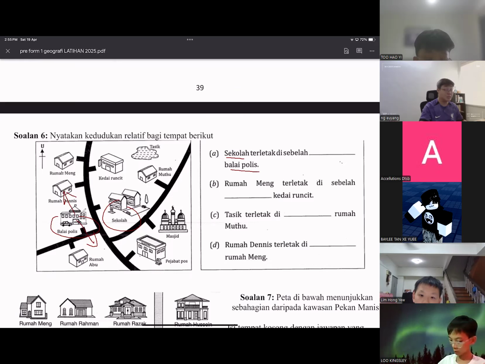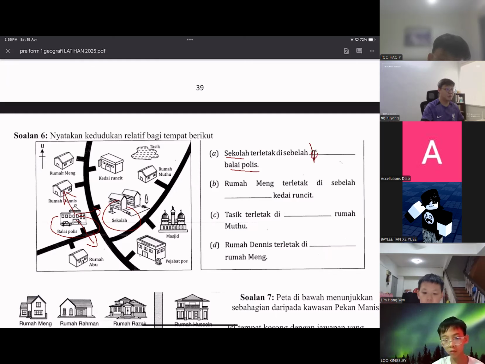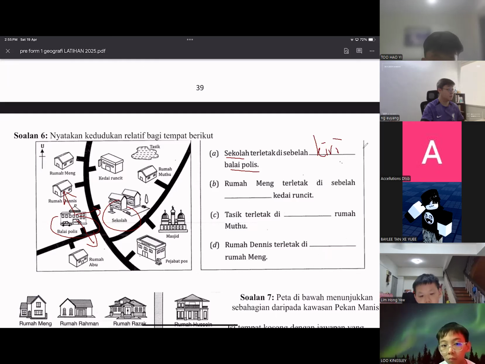Which means sekolah terletak di kiri. So the answer will be kiri. I couldn't write on the screen so easily. Understand? Matthew? So hard for me to type.